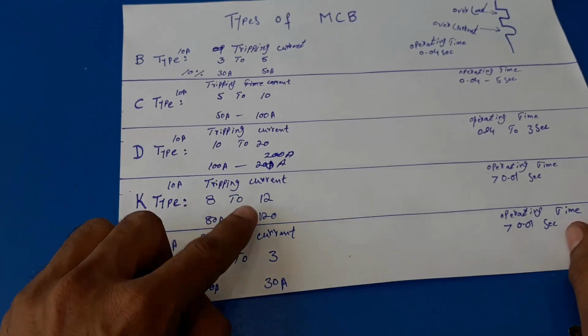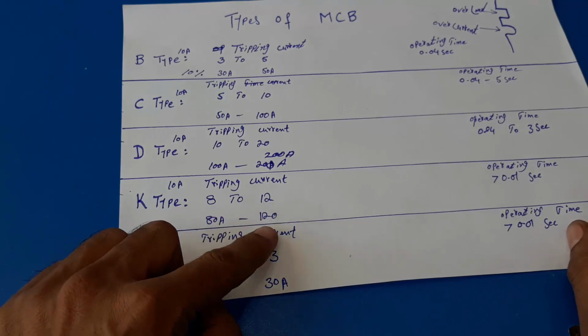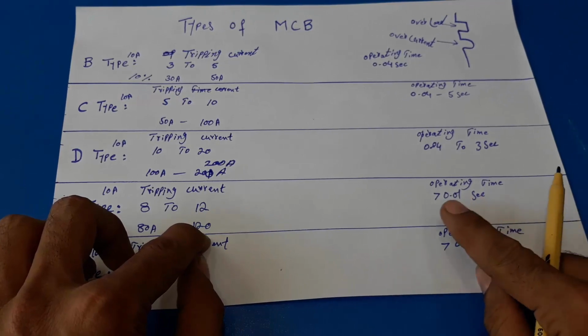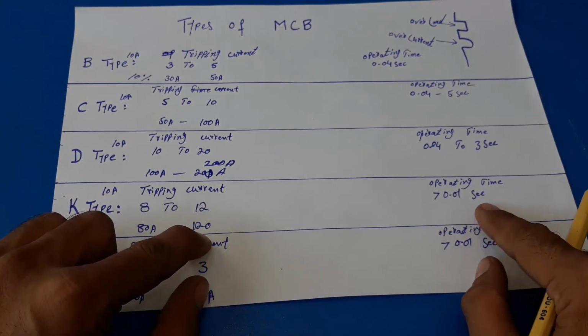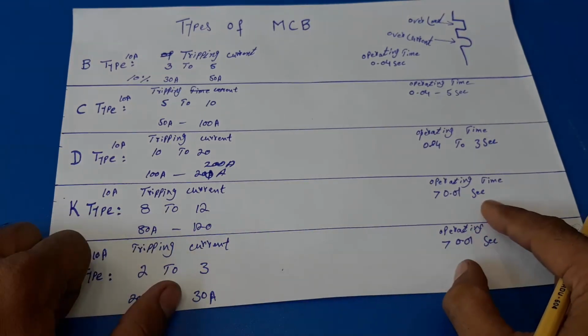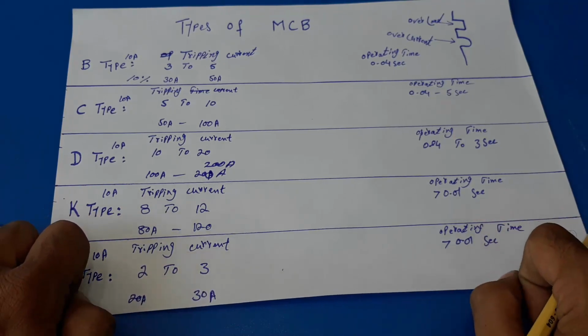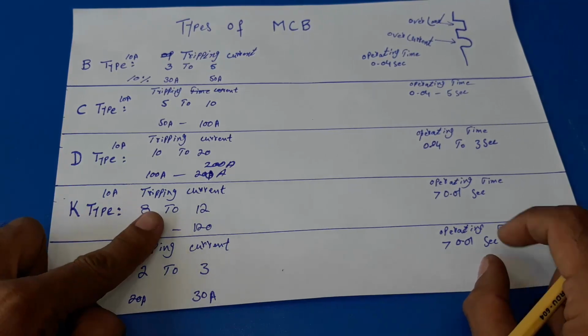Its tripping current is 8 to 12 times, meaning 80 ampere to 120 ampere, and this MCB has an operating time of less than 0.01 second. This is a very sensitive MCB. This type of MCB trips between 8 to 12 times full load current. It is suitable for inductive and motor loads with a high inrush current.